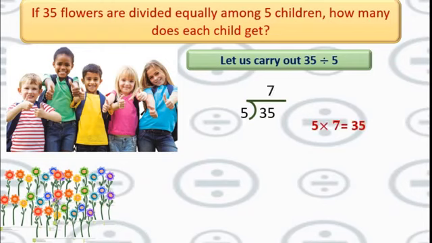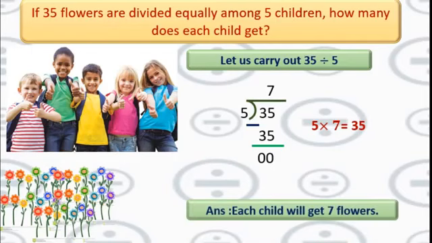Correct? 7. And we will write 35 below this 35. And when we subtract these, we will get 0. Correct? Now, according to this method, each child will get 7 flowers. Okay? Come on, we will distribute 7 flowers to each child.